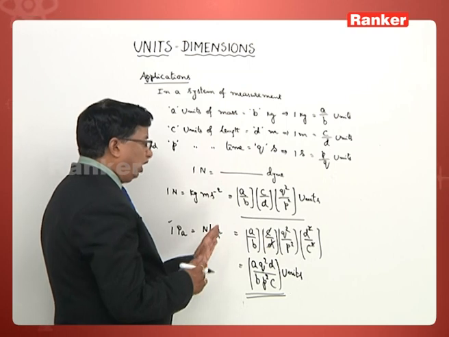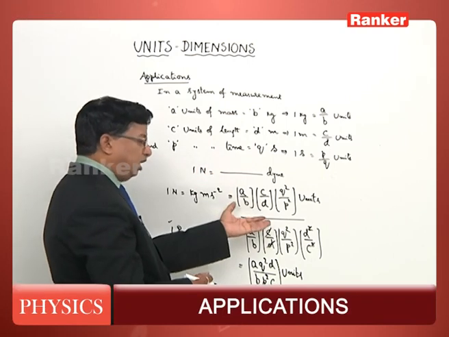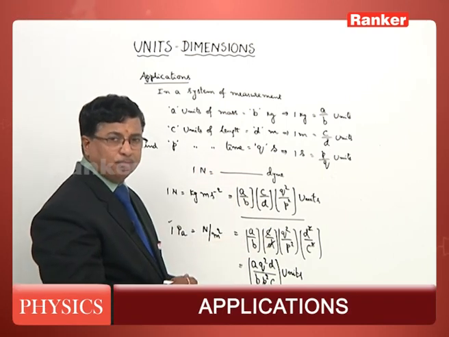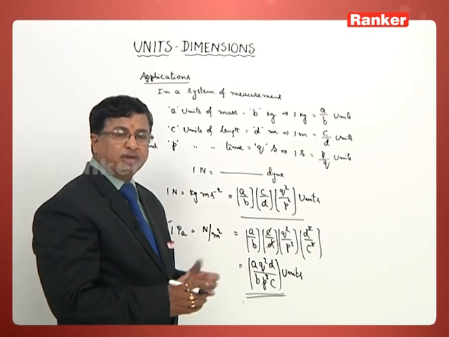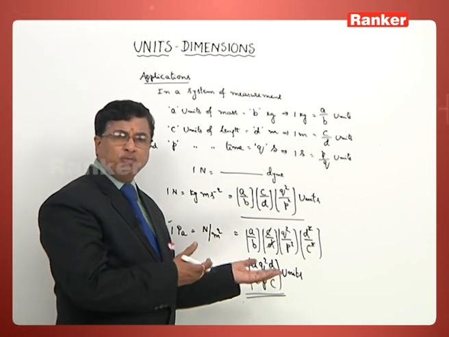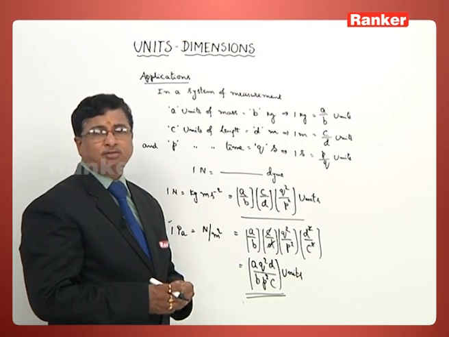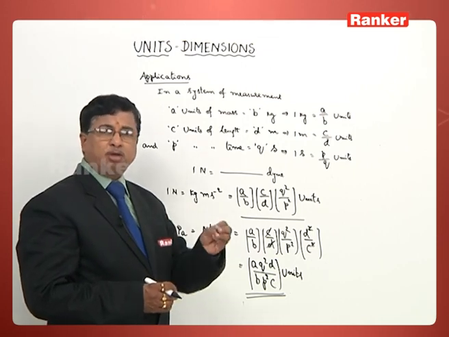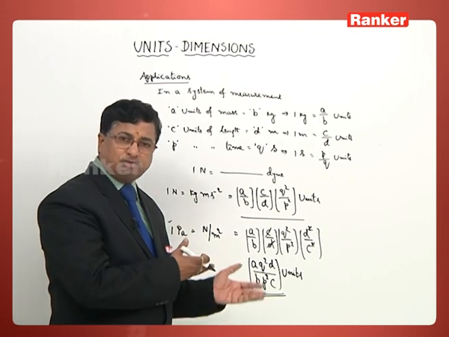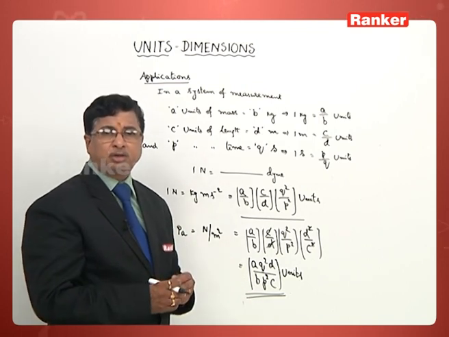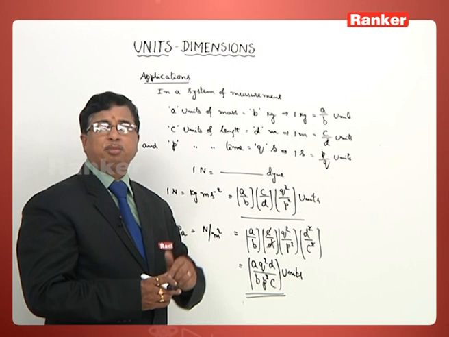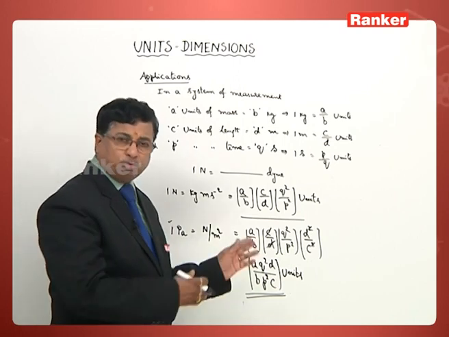If you take up the conversions, they can be taken up in the same manner. There is no change, because these are standard equations. 1 Newton means kg meter per second square. 1 dyne, if they ask you, is gram centimeter per second square. What is a joule? It is either Newton meter, or kg meter square per second square. What is Pascal?